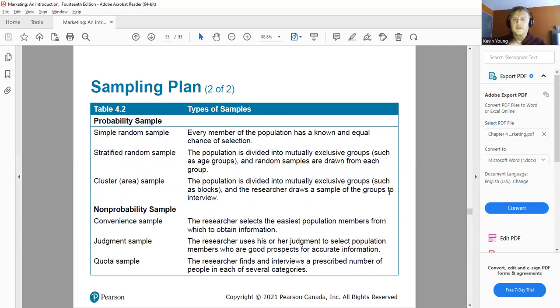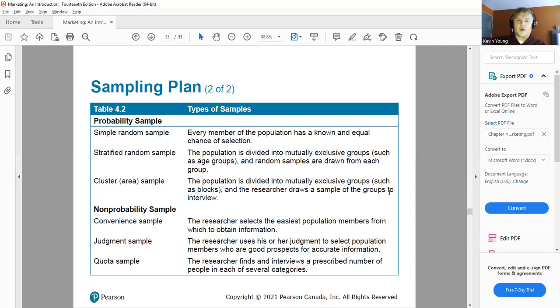Stratified random is the population is divided into mutually exclusive groups, such as age, and then random samples are drawn. And a cluster sample, the population is divided again into mutually exclusive groups, and the researcher then draws a sample of the blocks groups to interview.